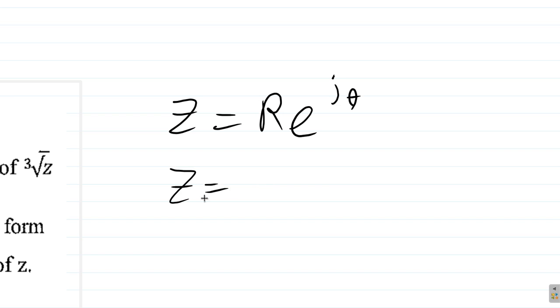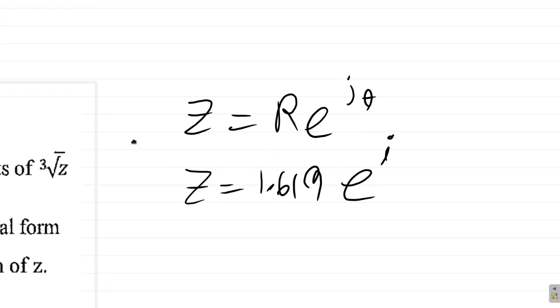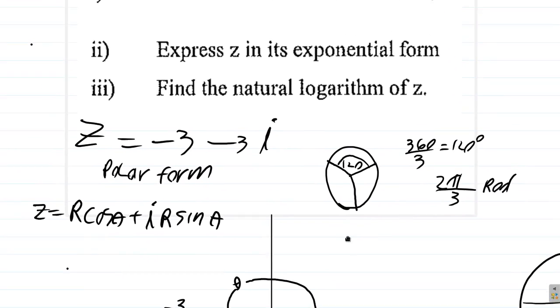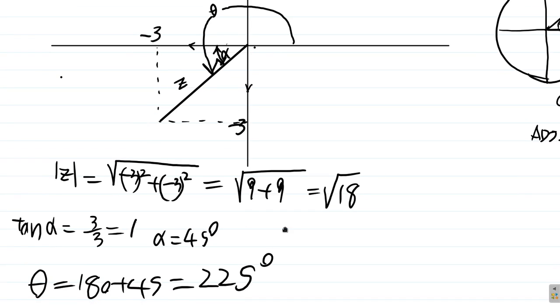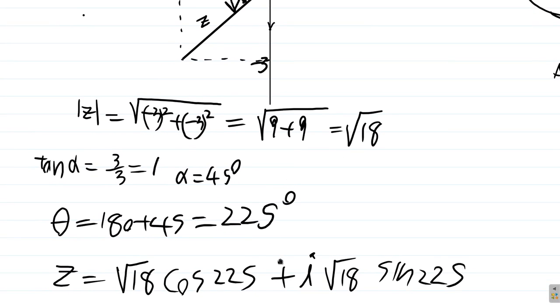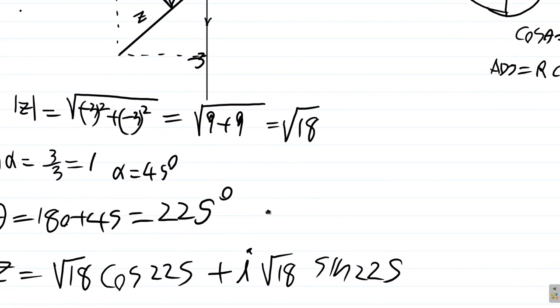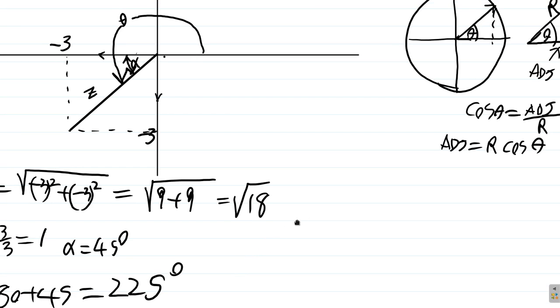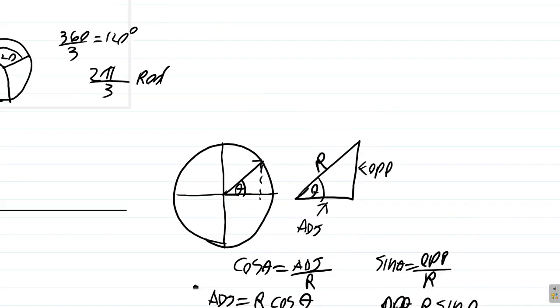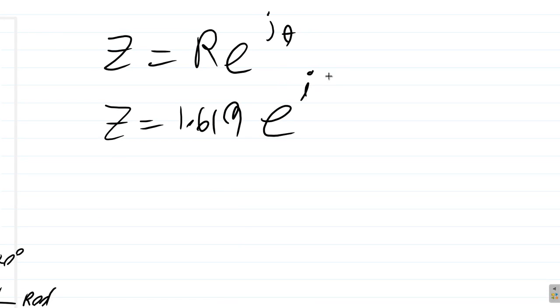So z is equal to 1.619 e to the i, the first angle was 225. So e to the i 225. Alright? That's it in its exponential form.